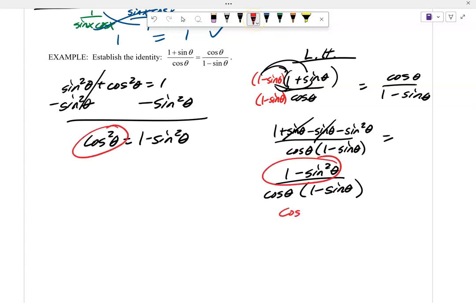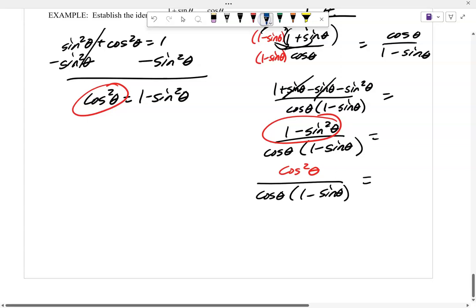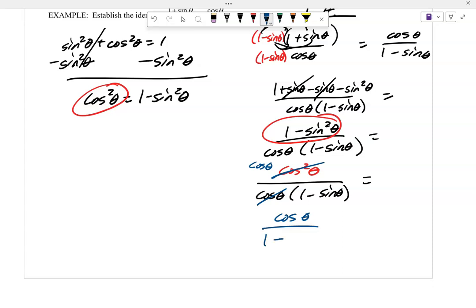So we're going to replace that. And then notice one of these cosines cancels and just leaves us with 1 left over. So I have cosine on the top and 1 minus sine on the bottom. And that's where we wanted to get to, right there. That's the right-hand side. So we just matched it.